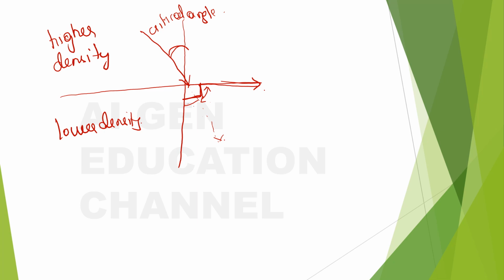Then this angle of incidence can be called the critical angle. So an angle of incidence can be called a critical angle if the refracted ray makes 90 degrees with the normal.